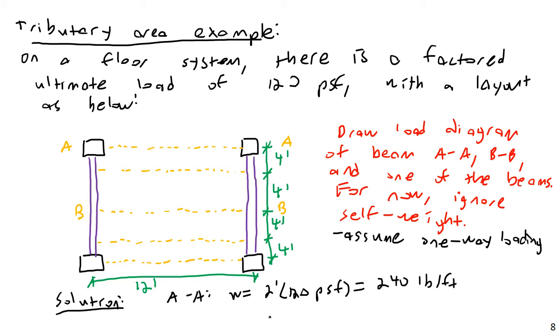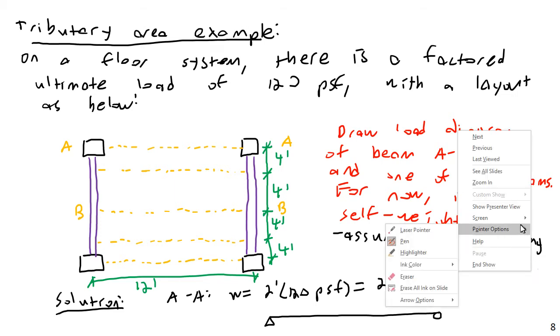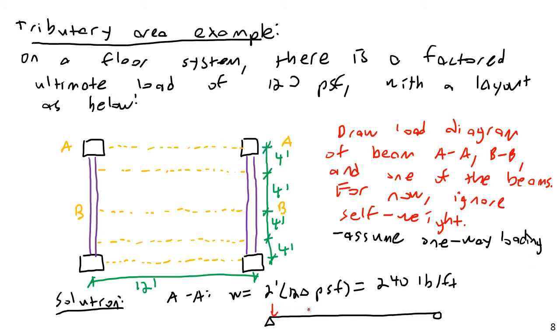So that means beam AA will look like this. We could assume simply supported, depending on the actual support conditions, but it would be something like this with a uniform load of 240 pounds per foot.